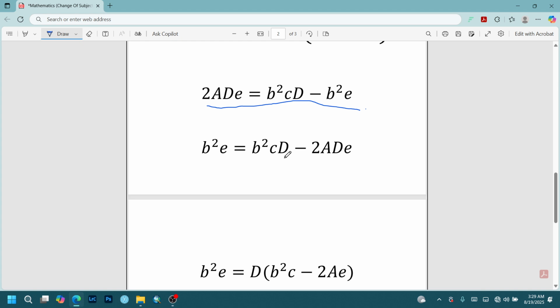So what variable can d multiply to get b square cd? The only variable is b square c.